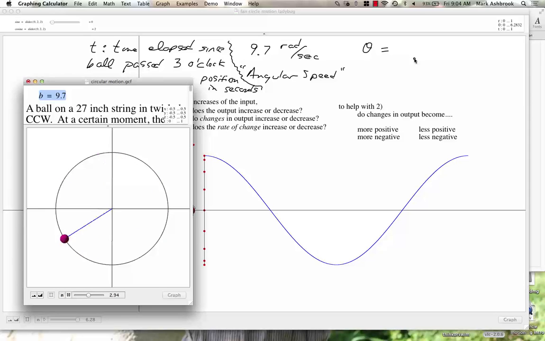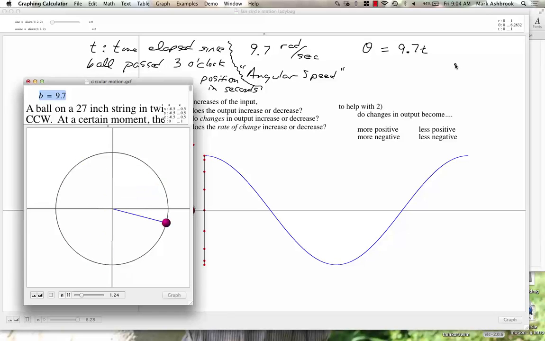9.7 t. Yeah, we did that last time. And we said, if you're not sure, what can you do to develop a formula like that? Make a table. Say, okay, if t is 0, what's theta? If t is 2, what's theta? If t is 10, what's theta? And then you can see that pattern emerging right in front of your eyes.